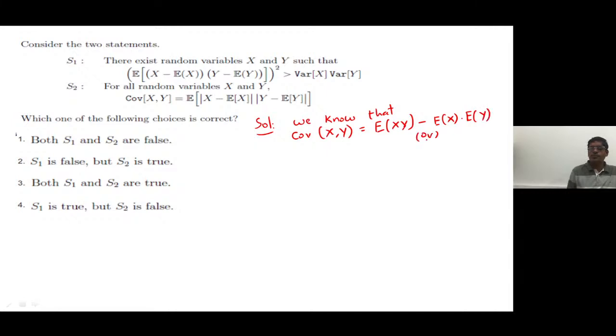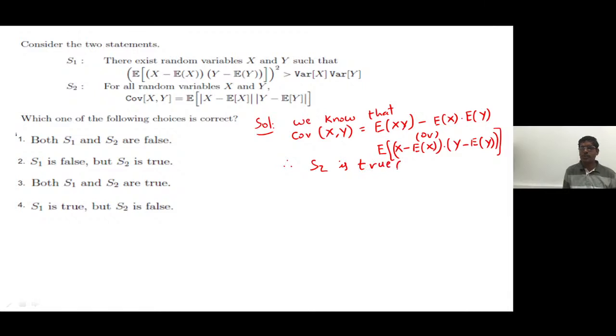Usually this right side is used for problem purposes. For concept or definition purposes, this can be written as E of (x minus E of x) multiplied by (y minus E of y). So therefore, statement 2, the second statement, is true. That means correct.